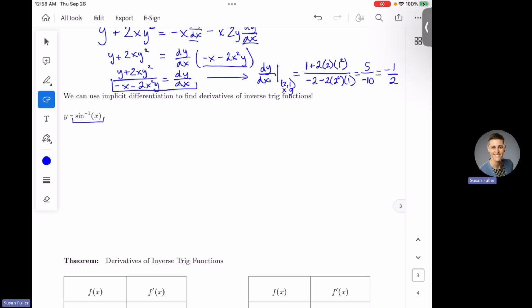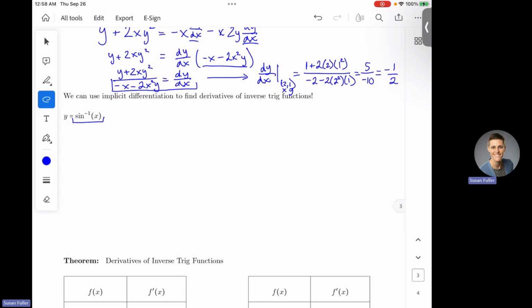So instead of plugging an angle into sine and getting the ratio of opposite over hypotenuse out, your inverse function switches that, and you put your ratio of opposite over hypotenuse into inverse sine, and what you get out is the angle. So this is what an inverse function is, right?